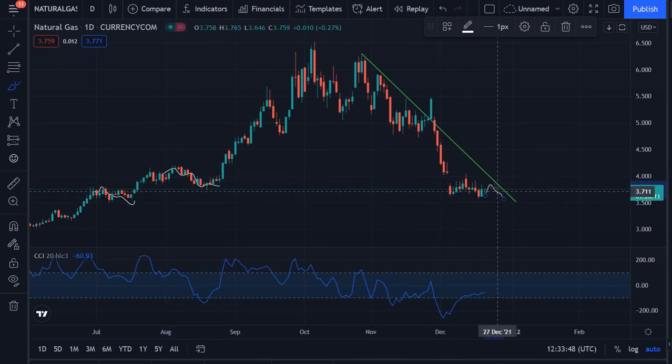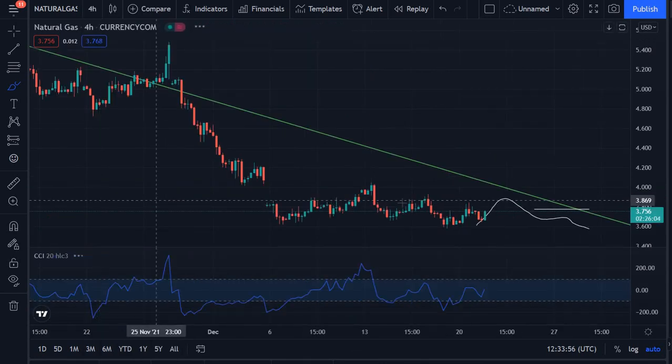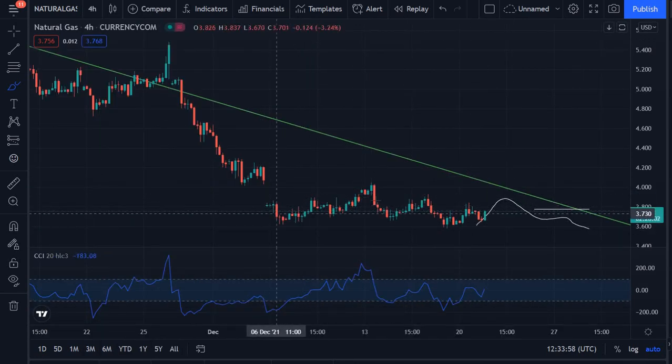So looks like we will here wait to reach this trend line. Well, pretty much a non-existent movement.